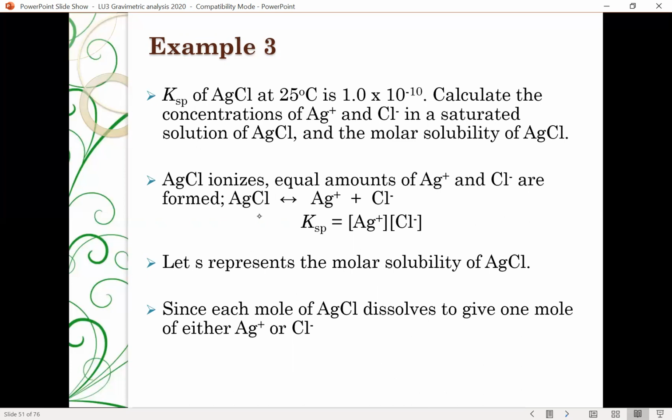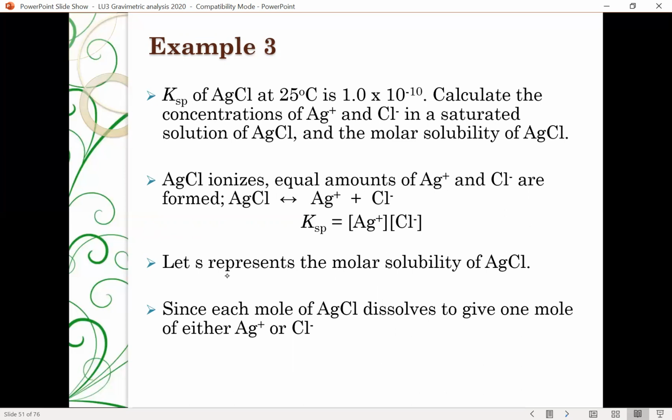AgCl ionizes, so equal amounts of Ag plus and Cl negative are formed when it ionizes. AgCl dissociates into Ag plus and Cl negative. So you have KSP in the form of the concentration of Ag plus times the concentration of Cl negative.